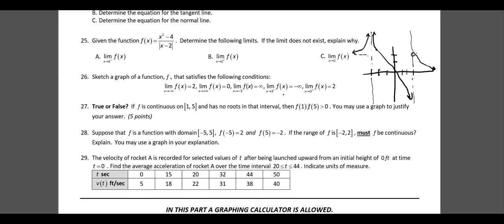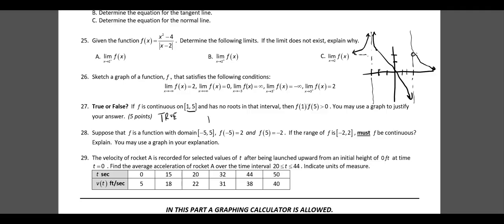True or false: if f is continuous on 1 to 5, it has no roots in the interval, f of 1 times f of 5 is greater than 0. Use a graph to justify your answers. So this is true.